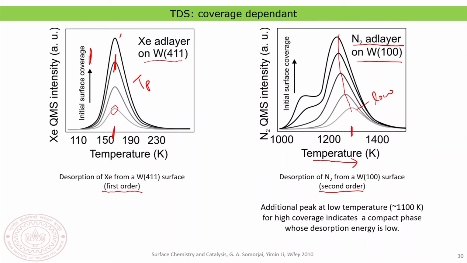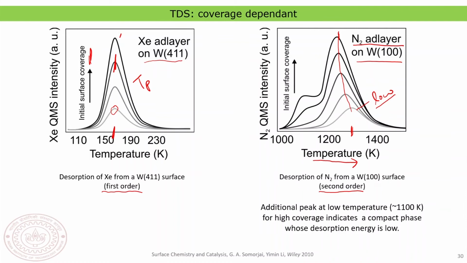And that is exactly what you see here. At a higher initial coverage, you see that the peak temperature is lower, which directly means that the desorption energy is lower than that at low coverage.